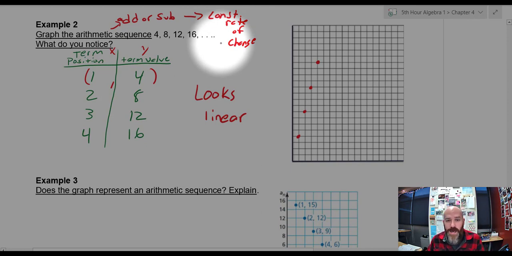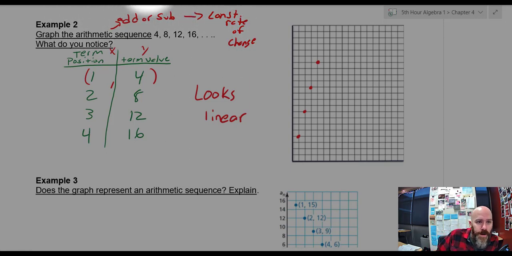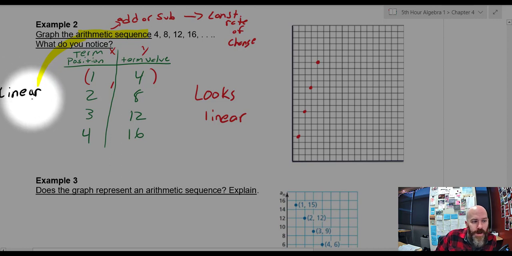And the constant rate of change is that slope. So if you ever see that in a graph, then you know it's arithmetic because it's linear. Arithmetic sequences, right here, arithmetic sequences are linear. Okay? If you ever graph one and it starts curving, you didn't do it right.